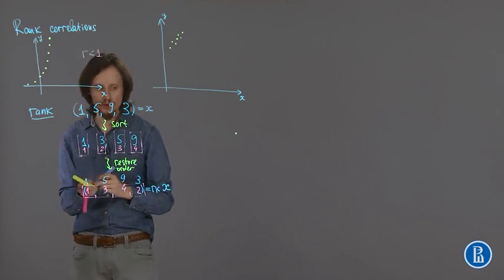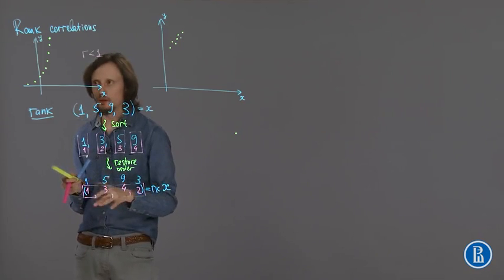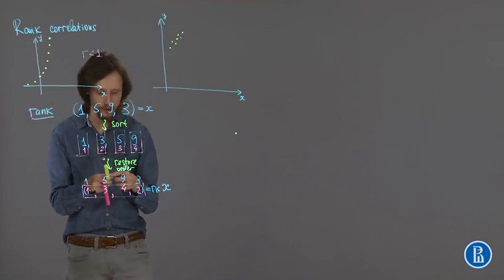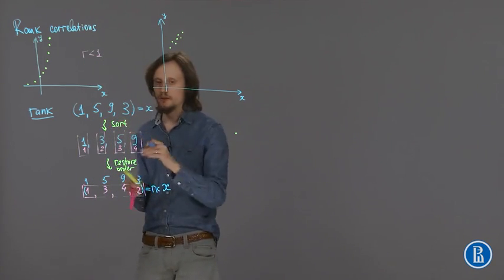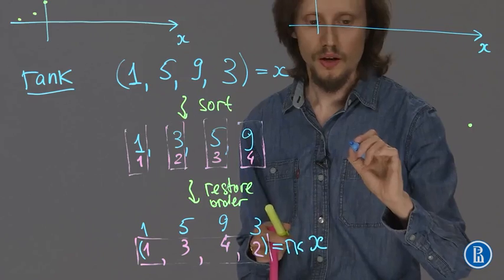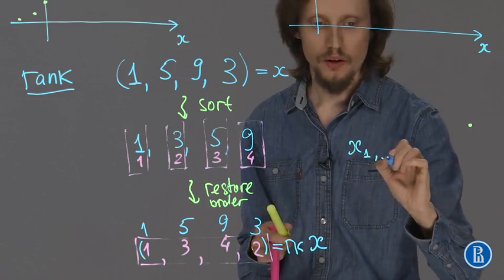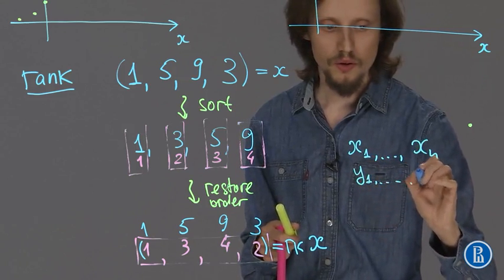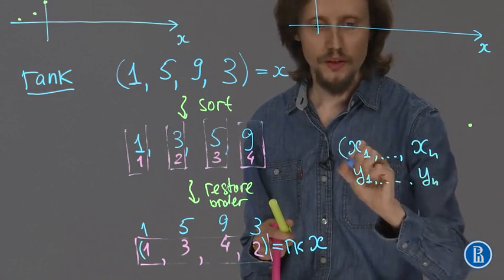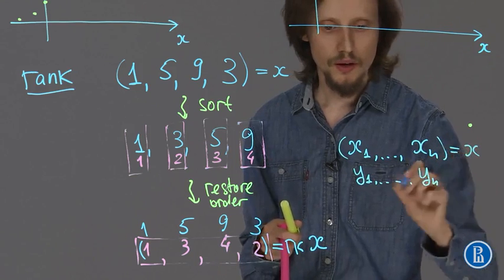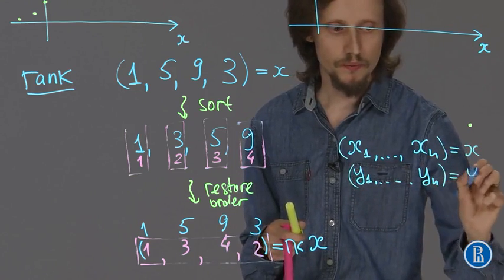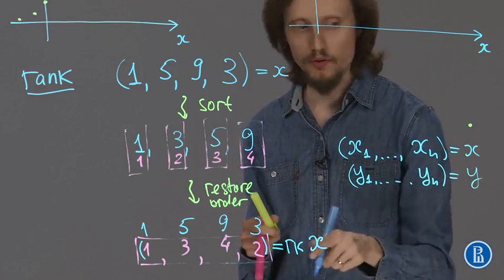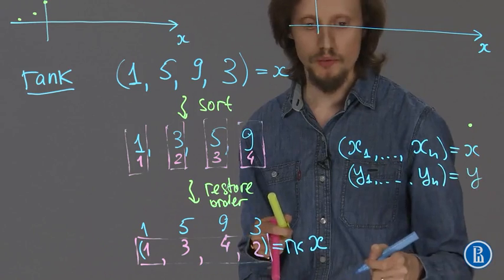Now, how can we use this rank transformation to find correlations? Let us assume that I have two series of values, x1 and so on xn, and y1 and so on yn. This will be denoted by x, and this will be denoted by y. Then first I apply my rank transformation to both of these variables.